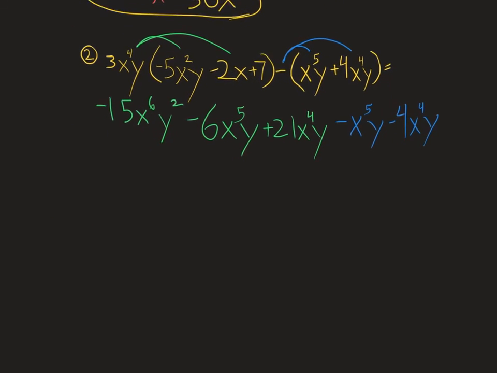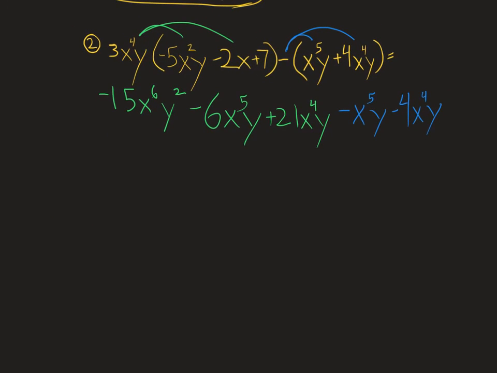Now you just need to look for any like terms, and we'll be done. Do I have any x to the 6th y squareds? Nope. So we'll just copy that down. Any x to the 5th y's? Yep, 1 right there.